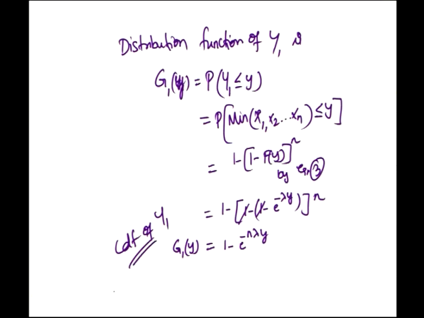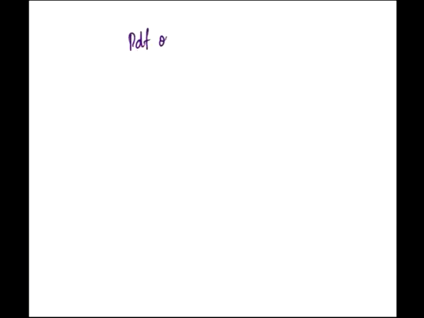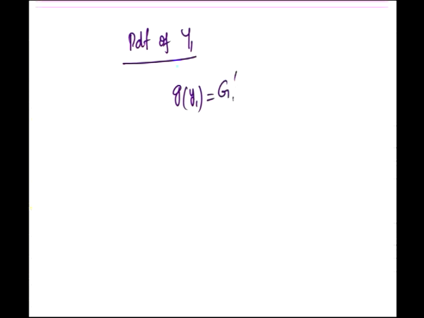Okay. Then the PDF of y1 is given by g of y1, which is the derivative of the CDF. The CDF is 1 minus e power minus n lambda y.